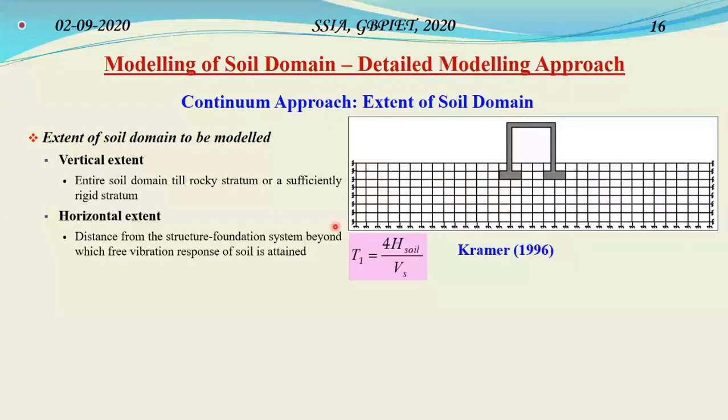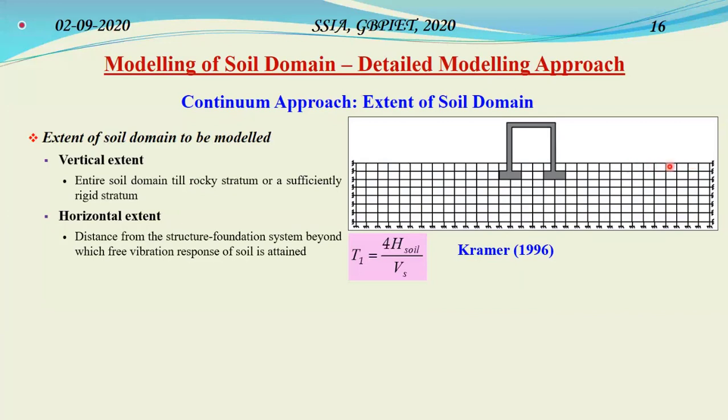In the horizontal extent, we follow two approaches. One approach is that, as we already mentioned, when the waves reach the ground surface, we obtain a free field response. When the waves reach the regions near the structure, we obtain a response from SSI. So we need to fix that horizontal length of the domain where free field response is actually obtained.